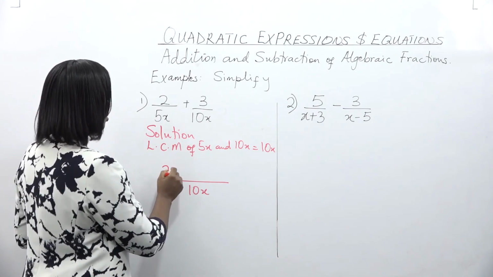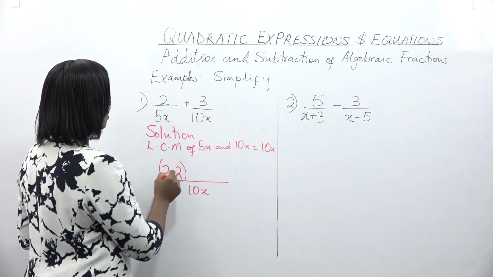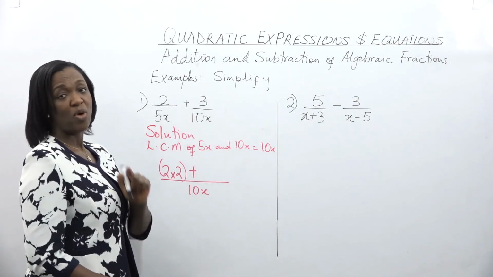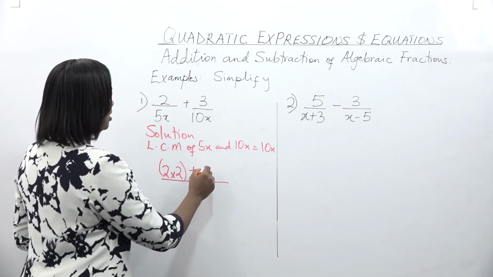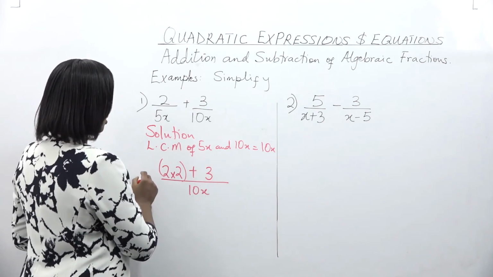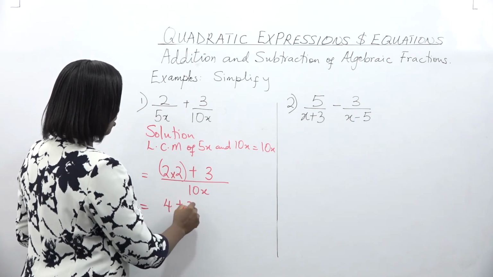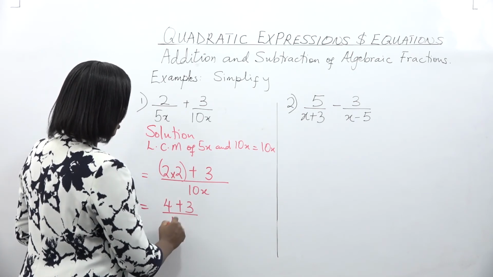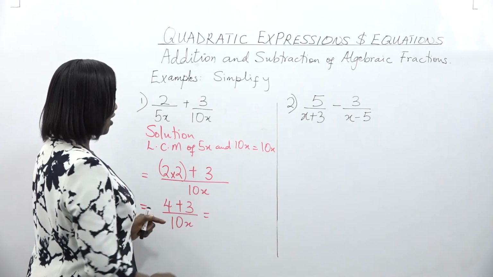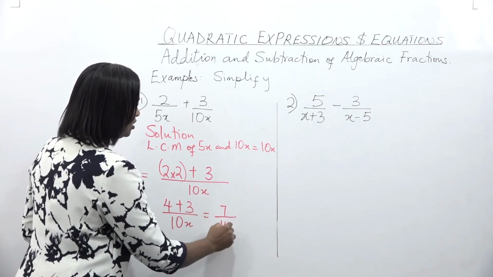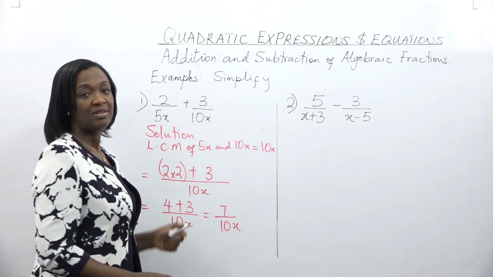So we have 2 times 2 plus 10x divided by 10x is 1. 1 times 3 is 3. So this becomes 4 plus 3 over 10x. And the final answer is 7 over 10x. Simple.